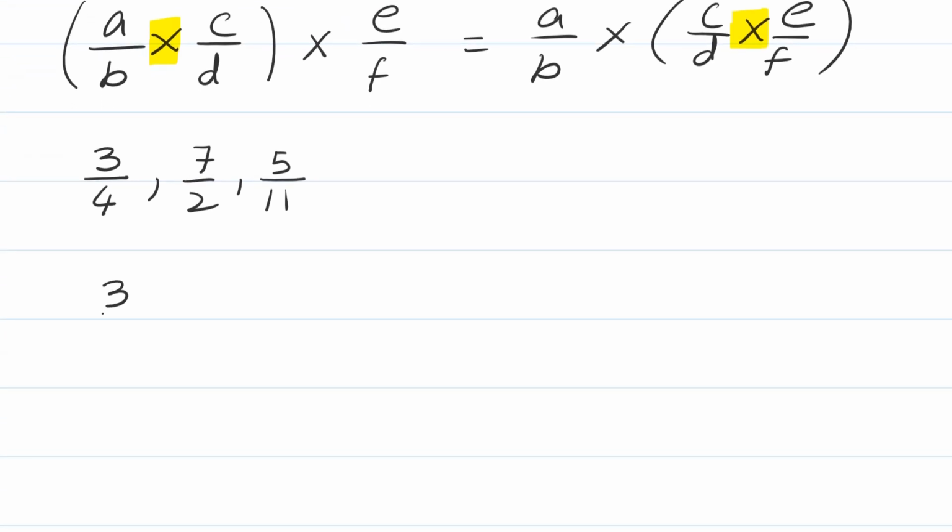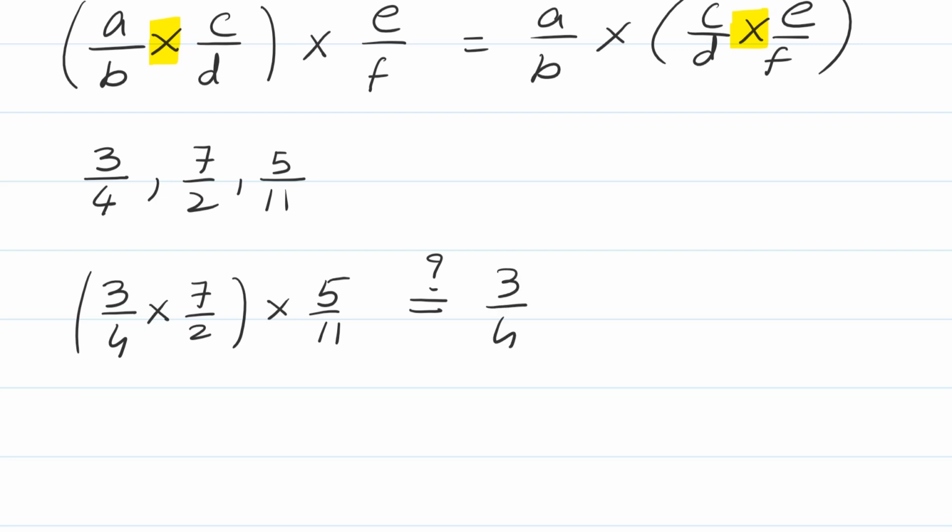We will prove that bracket 3 by 4 into 7 by 2, bracket close, into 5 by 11 is equivalent to 3 by 4 into, 7 by 2 into 5 by 11.